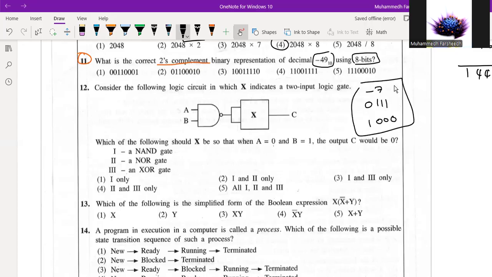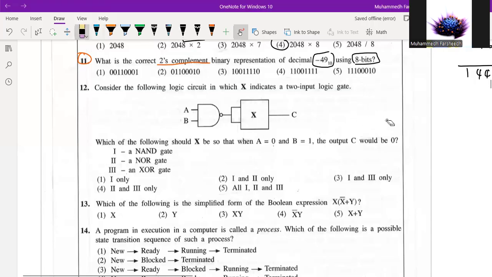Last year, I think Mortua paper had this problem. When you do it on the computer, you get another answer. When you do it on paper, you will get another answer if you're using 4 bits. So 4 bits, yes, you can do, but when you run in Python, it will use the 8-bit standard. So make sure that you always go for 8-bit, just a side note on that.